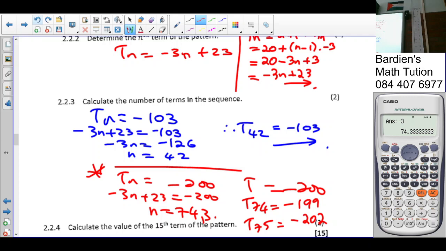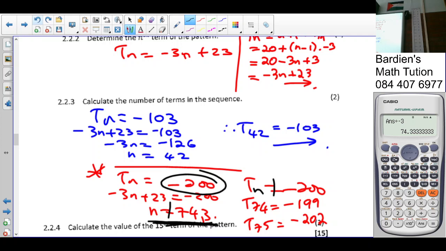No. Which means to say, there's no term equal to negative 200 in this pattern. Did you see that? No term of the sequence would have been equal to negative 200.